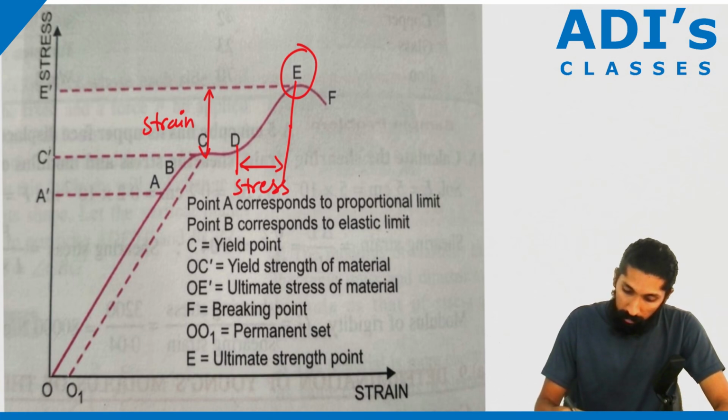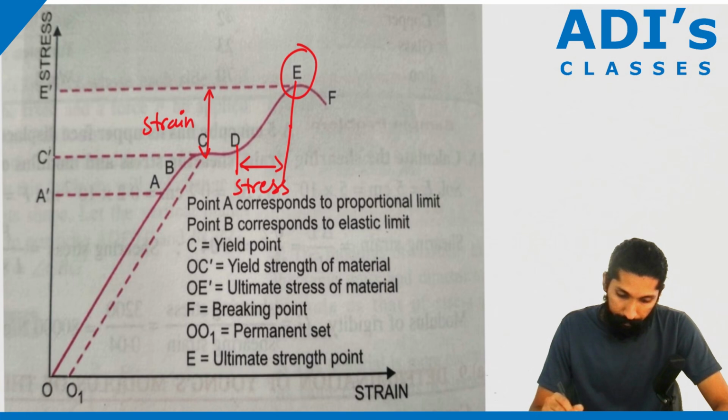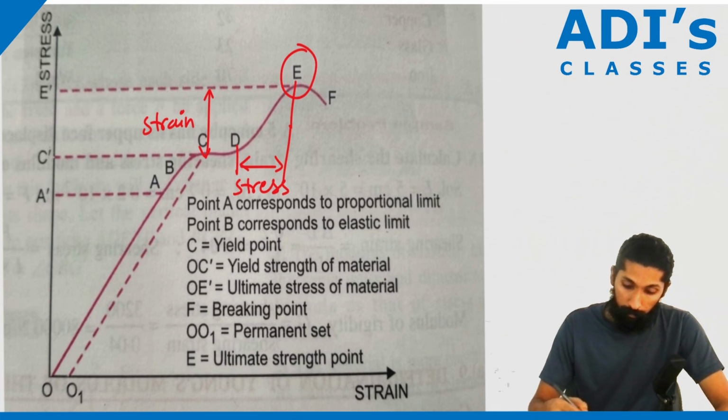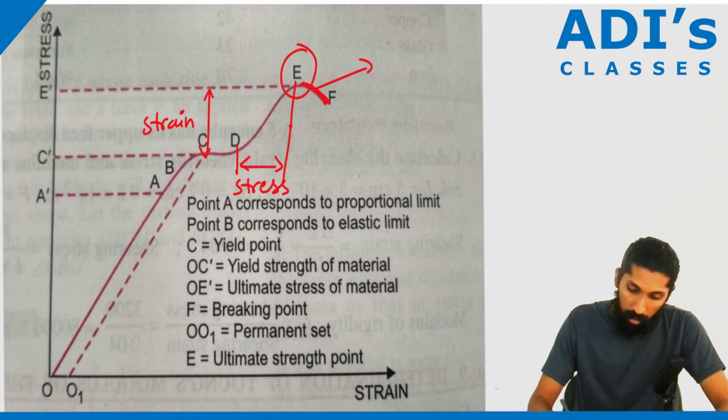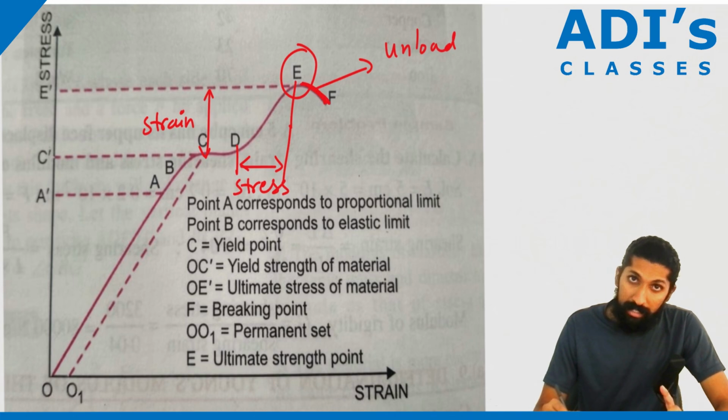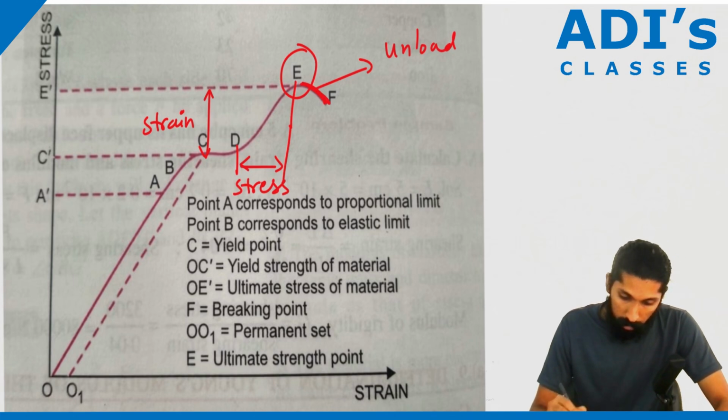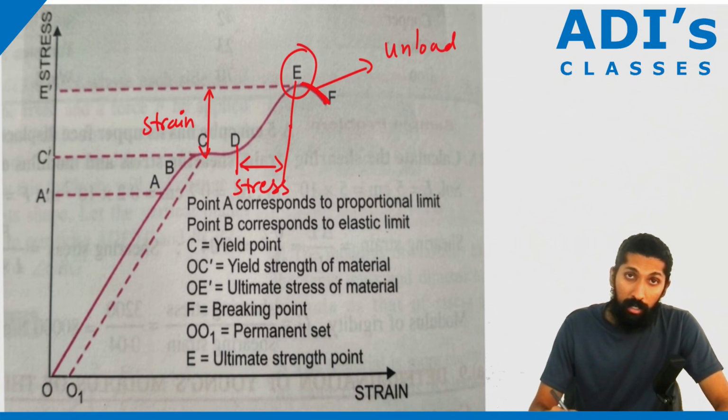Now after that, if you look at the DEF region, the EF region is, even if the wire is unloaded a little bit, from point E to F, we are looking at this region. So here, even if you unload a little bit of weights from that extended spring, what's going to happen? The wire will start to thin, because of the expansion.